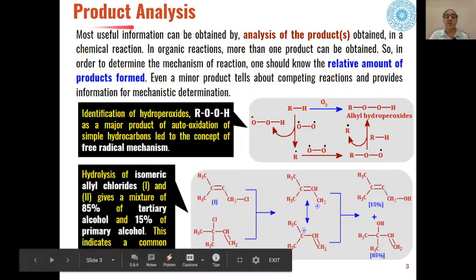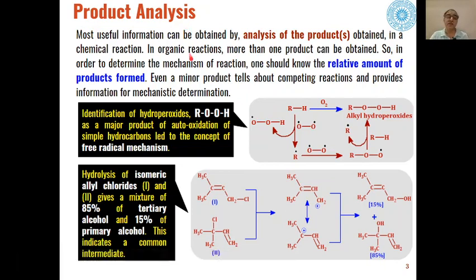First is product analysis, that is, how it can be used to obtain useful information about the reaction mechanism. Analysis of the product which is formed during the chemical reaction gives us very appropriate information about the mechanism of that reaction.